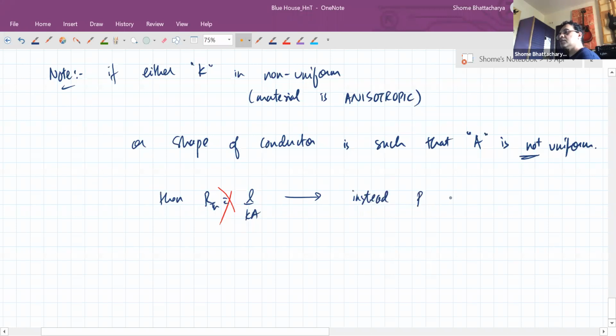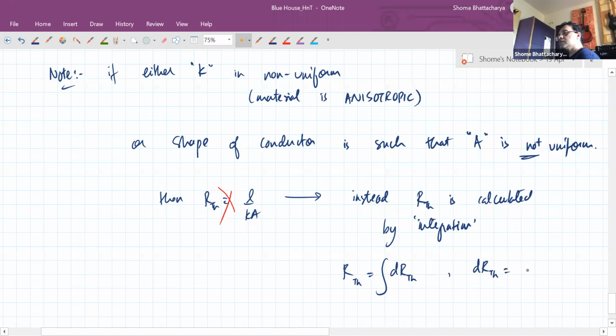Instead, thermal resistance is calculated by integration, where we have to calculate the equivalent thermal resistance by integrating the thermal resistance of some differential element. So this becomes the resistance of a differential element.